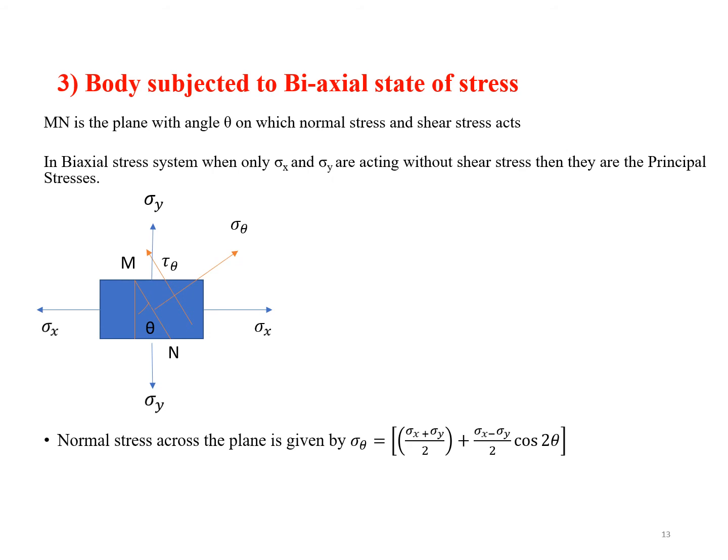The normal stress across the plane is sigma theta equal to sigma x plus sigma y by 2 plus sigma x minus sigma y by 2 into cos 2 theta. Similarly, the tangential shear stress tau theta is given by sigma x minus sigma y by 2 sin 2 theta. It becomes maximum when theta equals 45 degrees, so tau theta is equal to tau max.